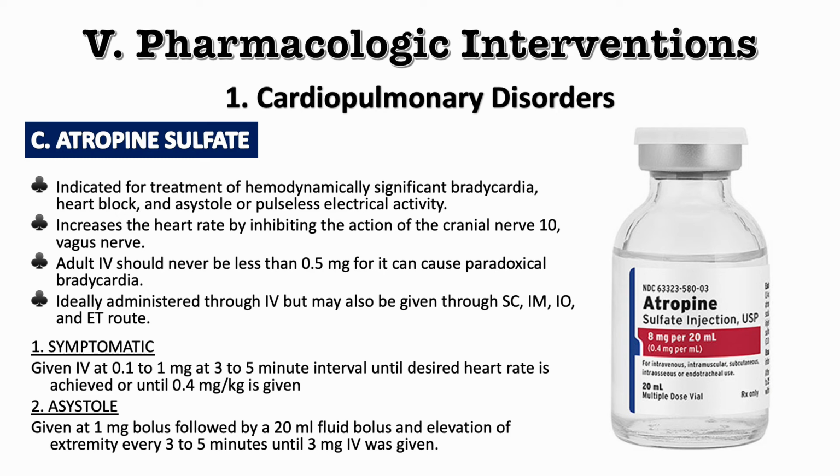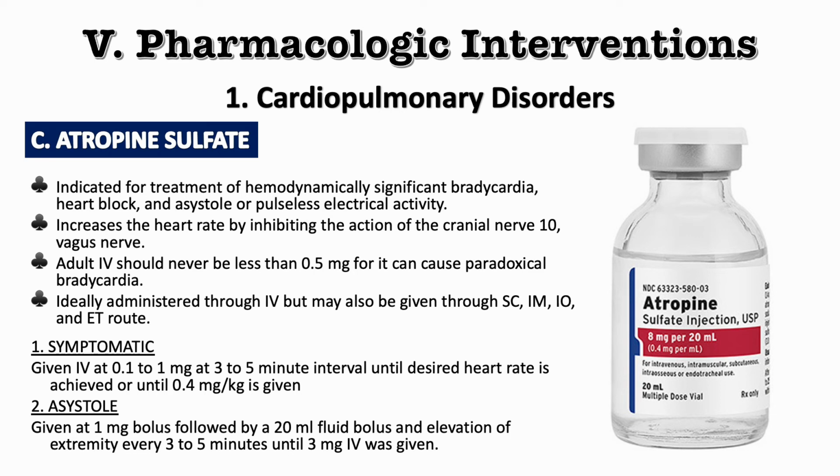There is also an atropine ophthalmic ointment, but it acts as a mydriatic or for pupil dilation, especially during eye surgeries. Asymptomatic bradycardia is given IV at 0.1 to 1 milligrams at 3 to 5 minute interval until desired heart rate is achieved or until 0.4 mg per kilo is given.